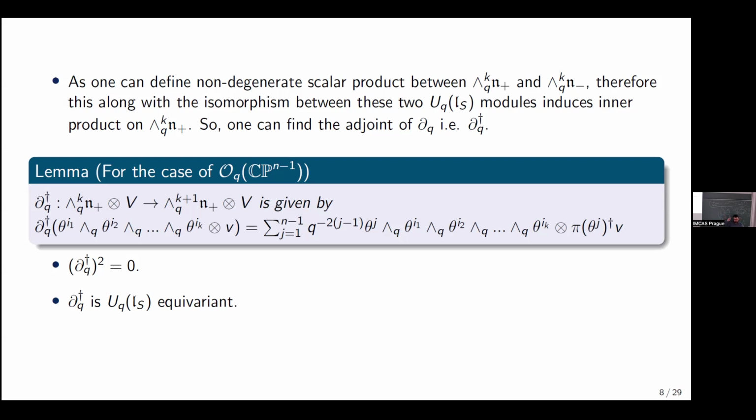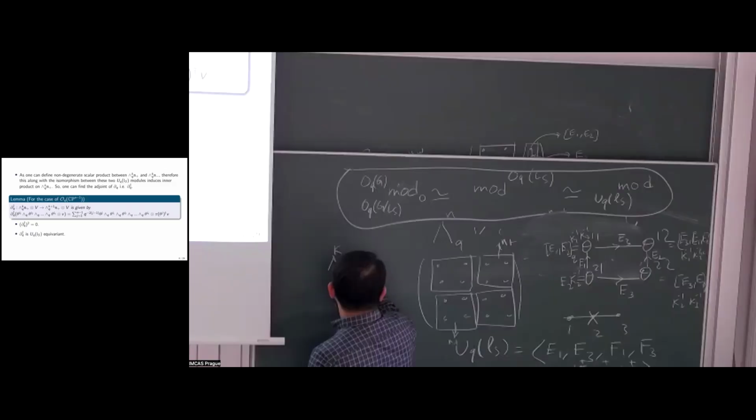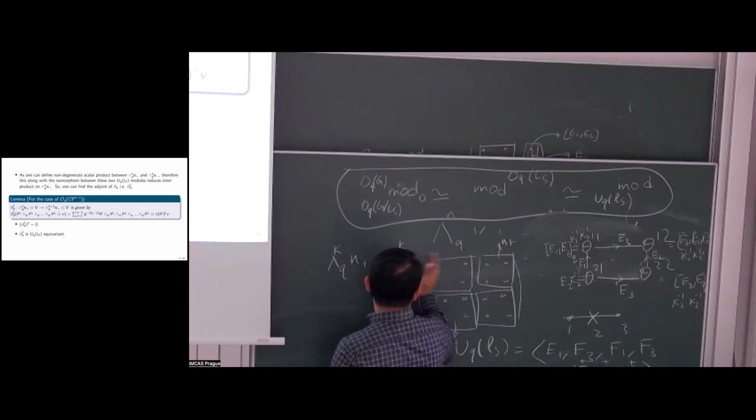So how can you find this? What I'm trying to say is we need the inner product on this, but we already know this isomorphism exists.